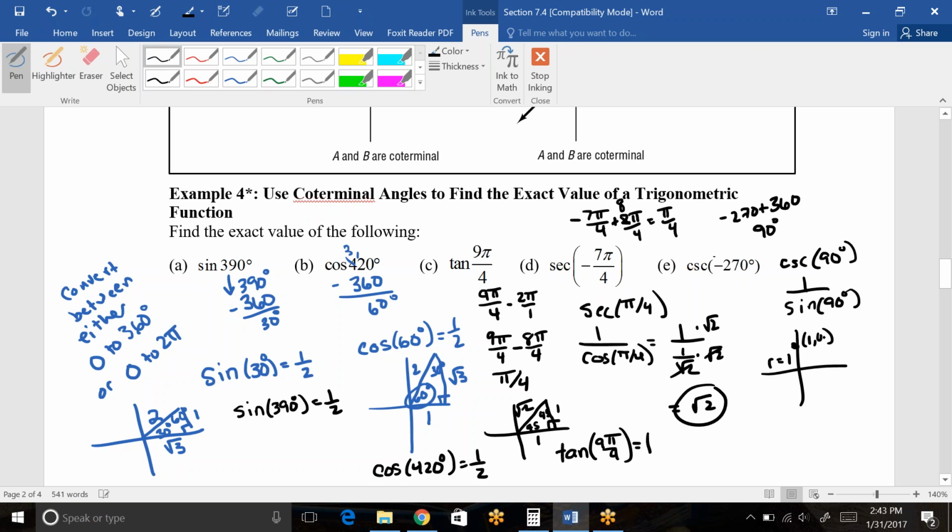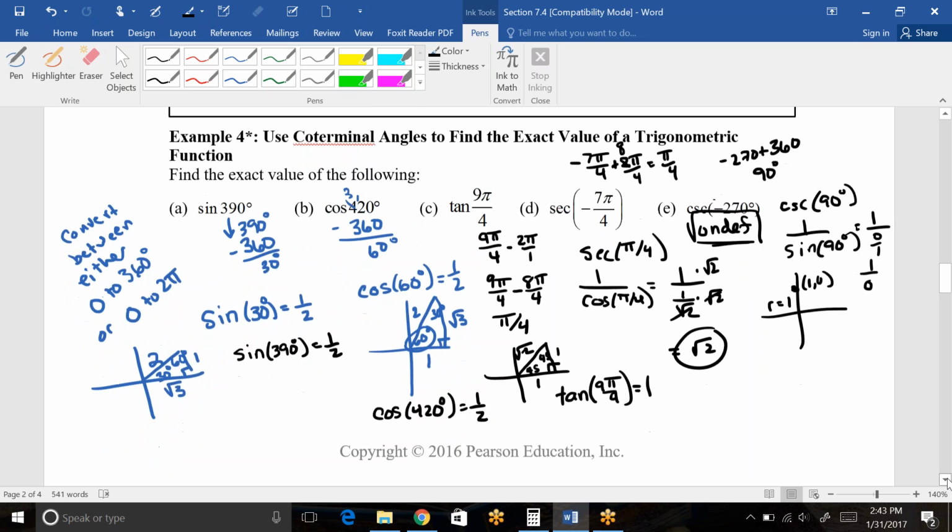Sine, remember, is opposite over hypotenuse, so that's the y over the r. So this is going to cause trouble because this is 1 over 0 over 1. 0 divided by 1 is 0, so that's a 0 in the bottom. So this one's actually going to be undefined. Okay, so that is how you handle those with coterminal angles.